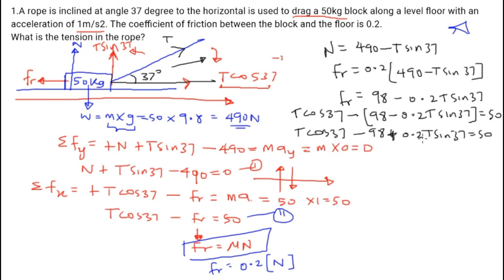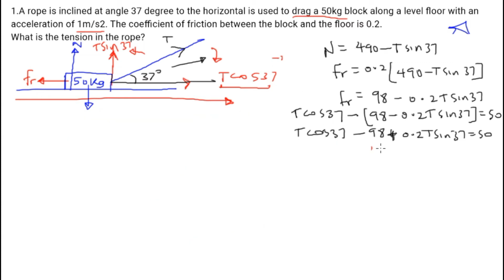Notice that we want to make T the subject of the formula, so to do this, I can have T cos 37 plus 0.2 T sine 37 is equal to 50 plus 98, by taking minus 98 to the other side.